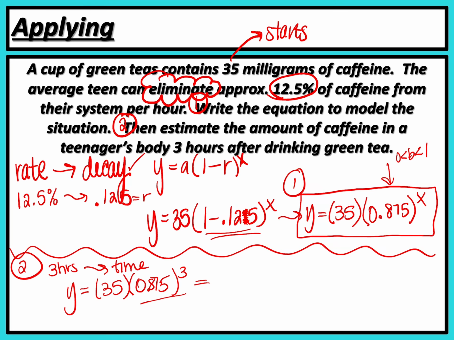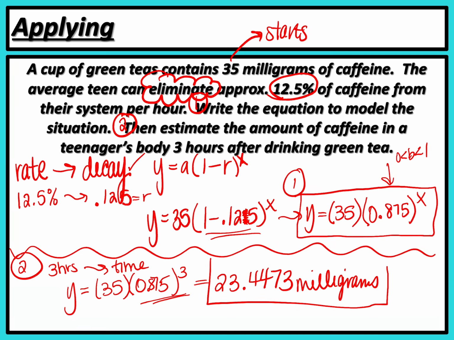Otherwise, make sure that you do order of operations and you take care of that exponent first. And this would be milligrams. Okay, it would be nice to put a little unit label on that. Okay, and remember we always round to 4 decimal places.